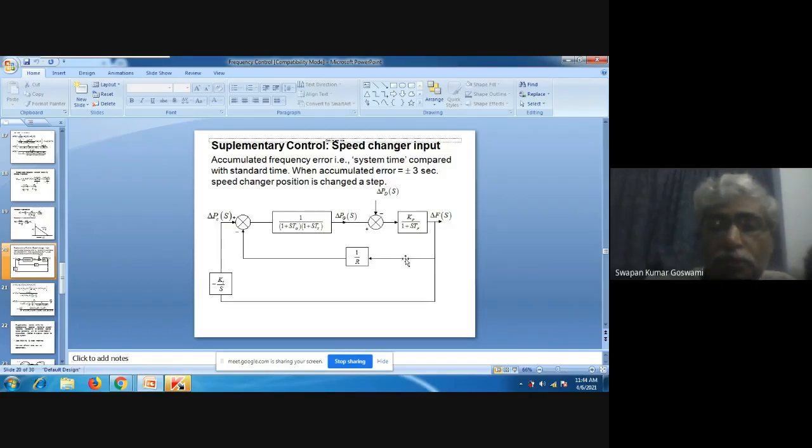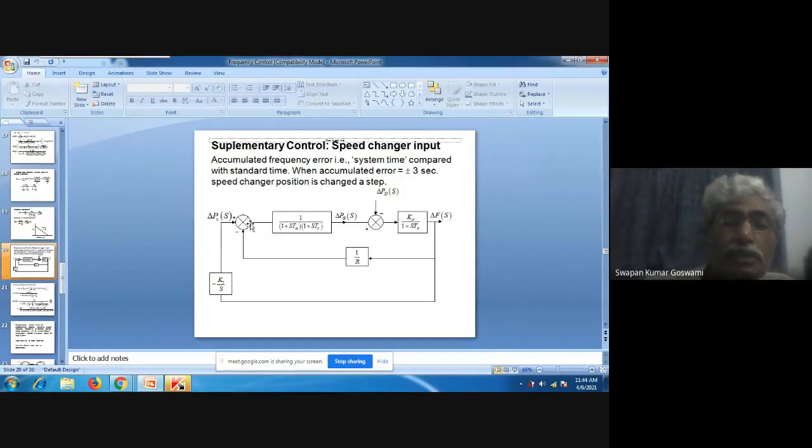Through the feedback operation of the speed governor, the frequency variation was somewhat reduced. This is the primary control, and it is sufficiently fast. But another control is needed if you want the frequency variation to be made zero.